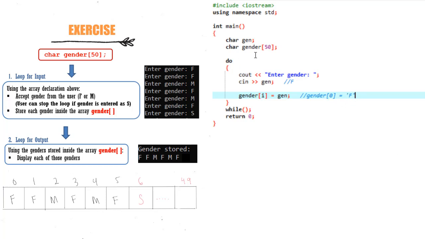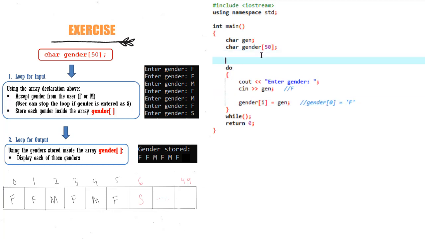So actually before we start off, we can do I equals 0. So right now I is 0. Then we get the input F, and then we store gender[I]. Since I right now is 0, gender[0] equals F, and this is how we store the F inside the first location.